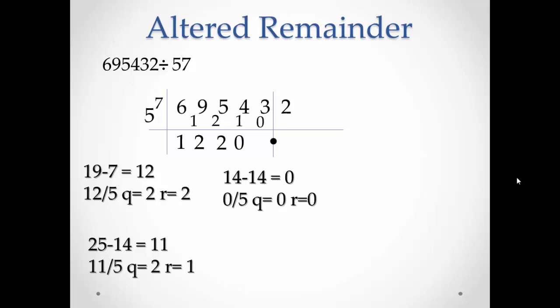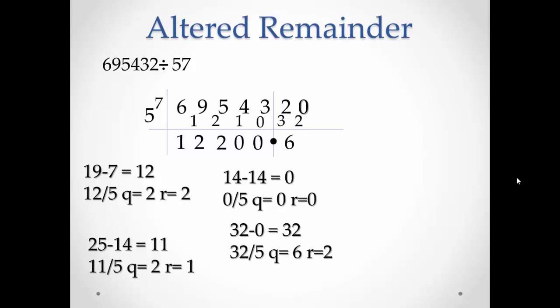So 3 by 5 gives quotient 0 and remainder 3. Now comes 32 minus 7 times 0, which is 0. So 32 by 5 gives quotient 6 and remainder 2, and we add another 0 to carry on the division.